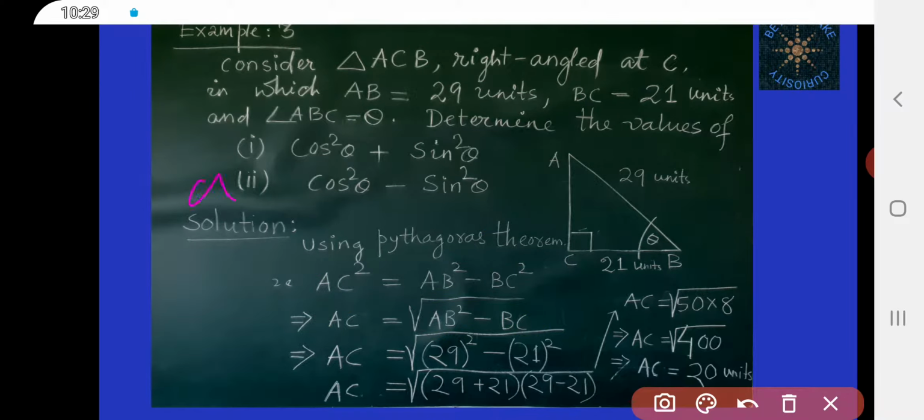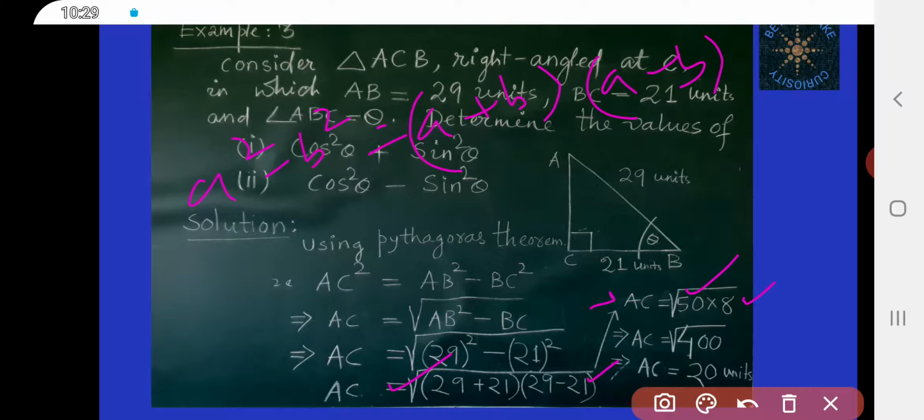Okay, and you know a square minus b square is equal to a plus b into a minus b. So you can write now here the square root of 29 plus 21 into 29 minus 21, and AC is equal to now, you know, 29 plus 21 is equal to 50, and 29 minus 21 is equal to 8, under the root.